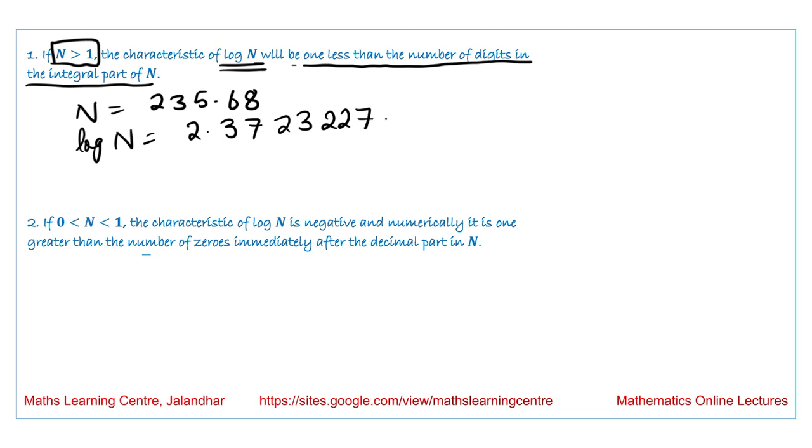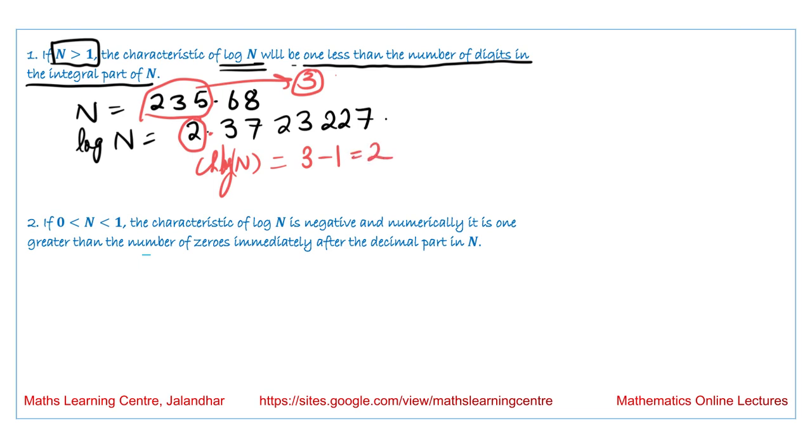So the characteristic over here is 2. Why is it 2? Because the number of digits in the integral part of n is 3. So the characteristic of log n is equal to 3 minus 1, which is 2.